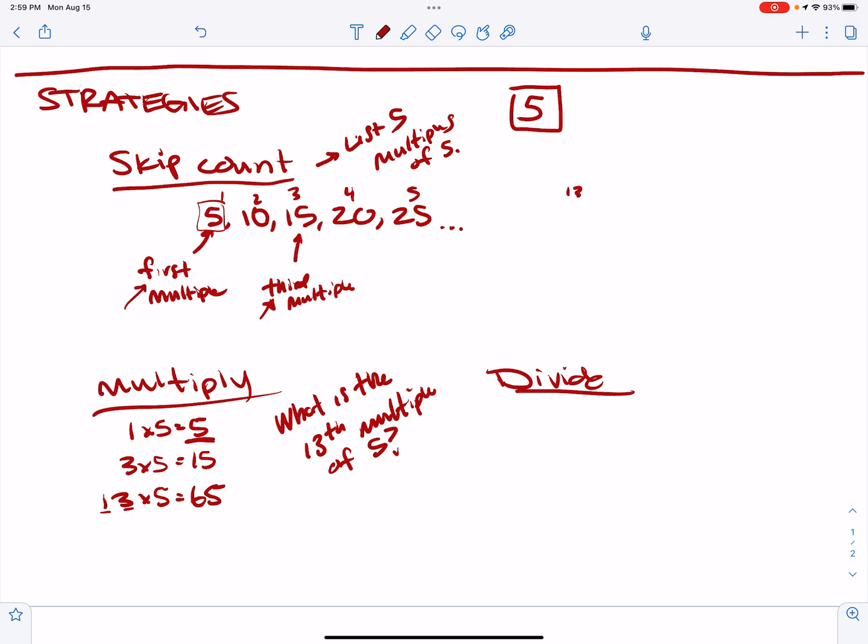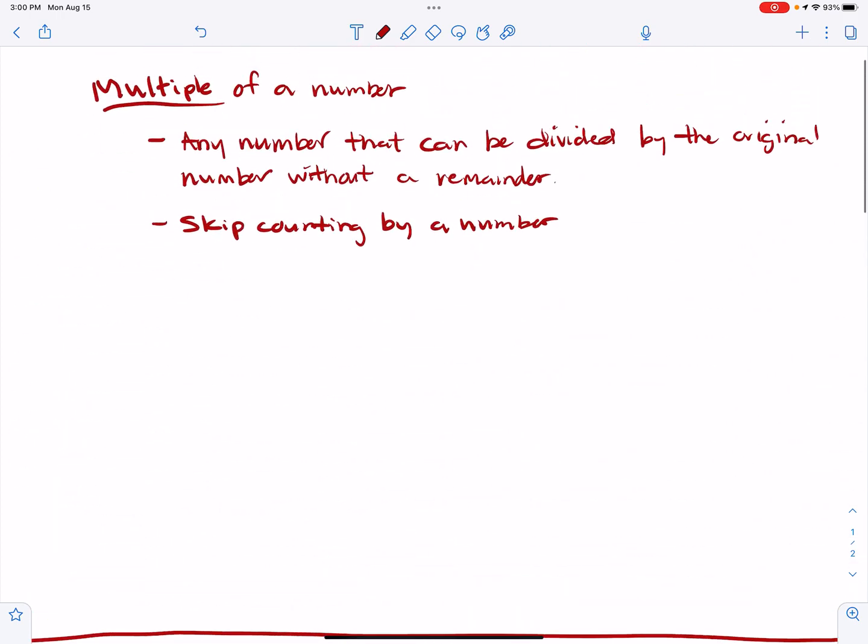And then the question in this division strategy is something like, is 75 a multiple of 5? And this strategy goes back to that first definition we had up here. It's any number that can be divided by the original number without a remainder.